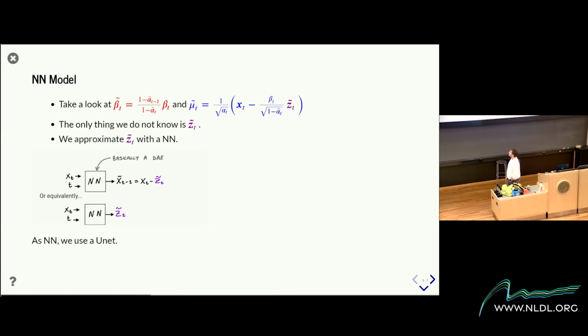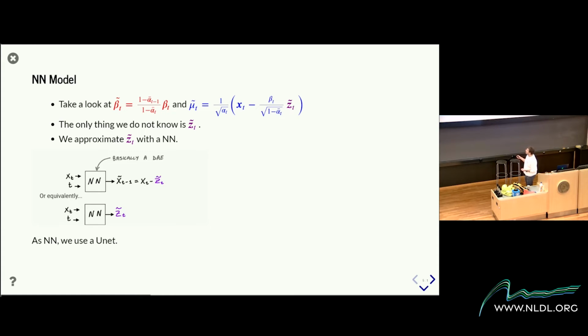It can be pre-computed. What about the stuff that is blue? Well, also here, most things we know. We have the alpha t, the beta of t, the alpha t bar that we know. And x of t, well, we know x of t, right? Because that's basically our starting point.